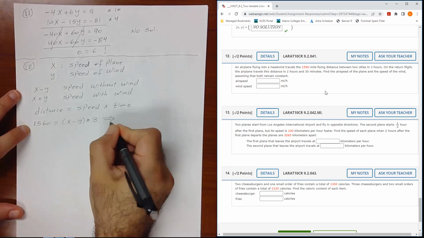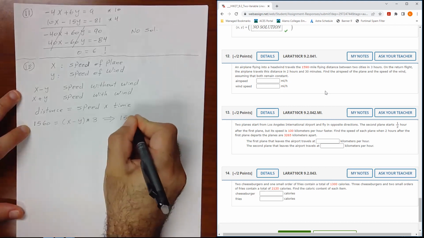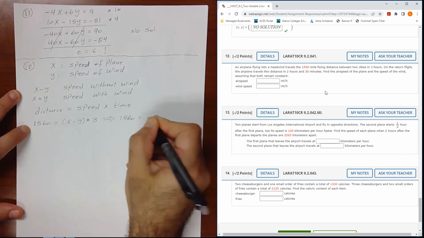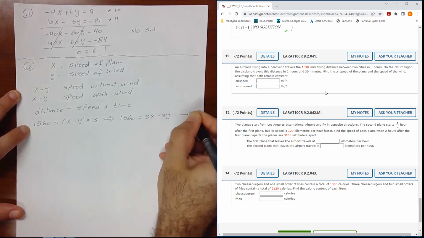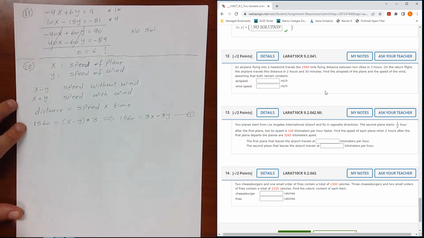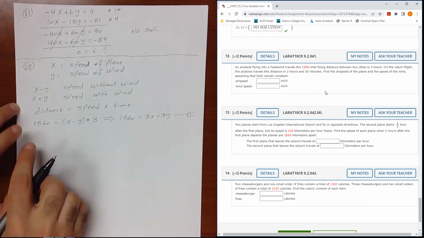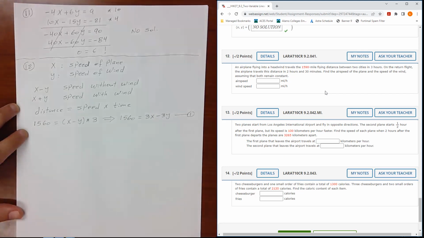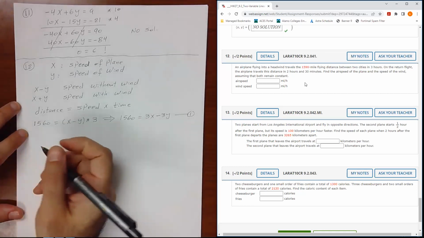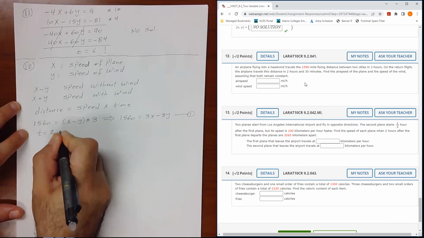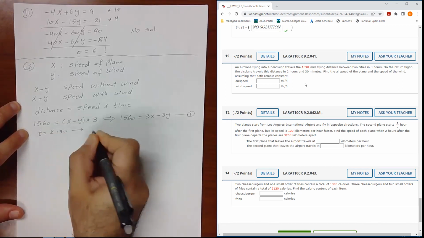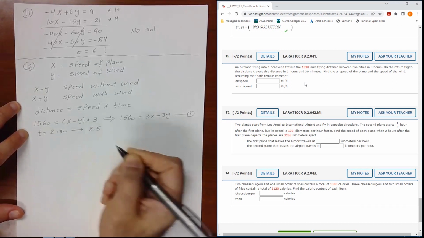That means 1560 is going to be 3x minus 3y. So this is the first equation. The time for the second one is 2 hours and 30 minutes. That means 2.5 hours.